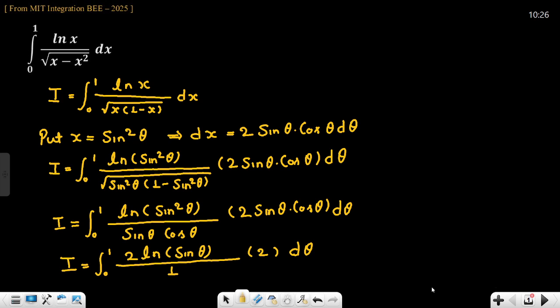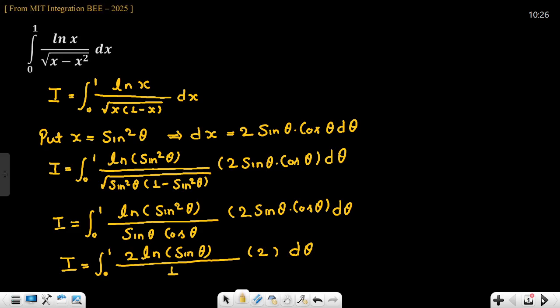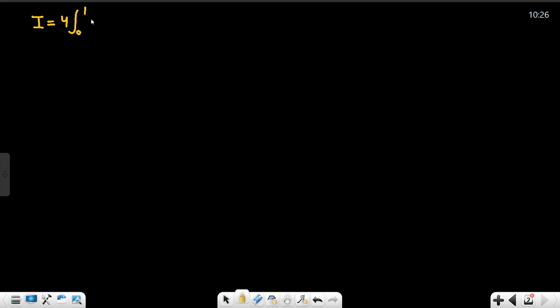Now on the next slide, so the integral I is equal to 4 times the integral of ln sine theta d theta, right?